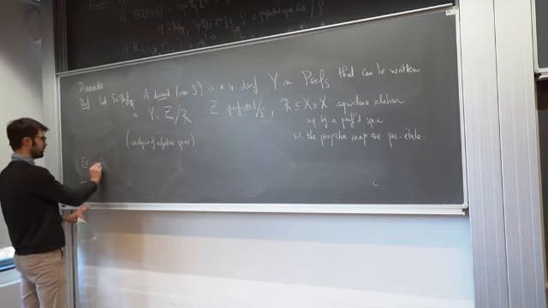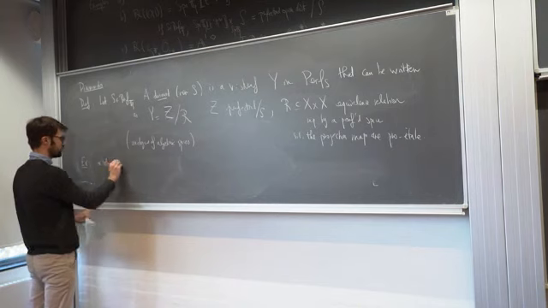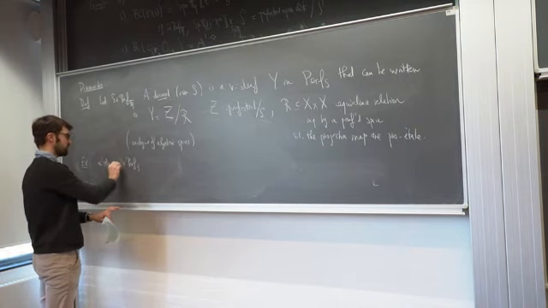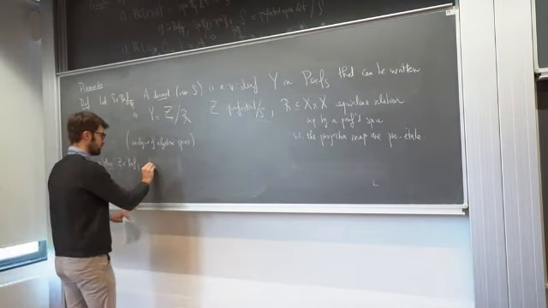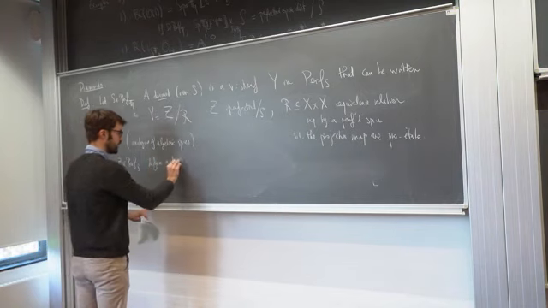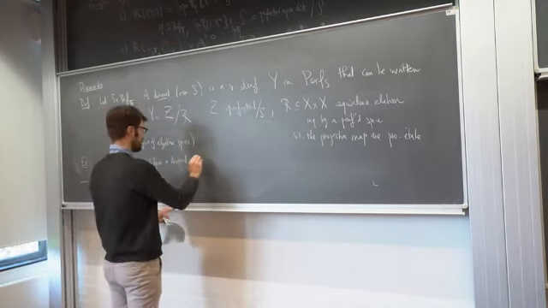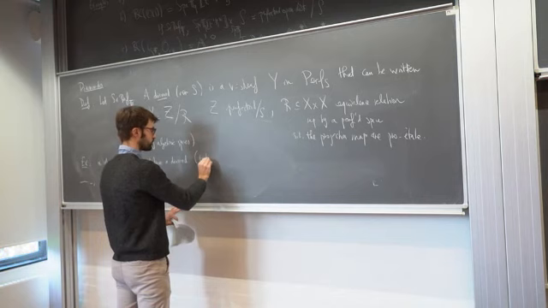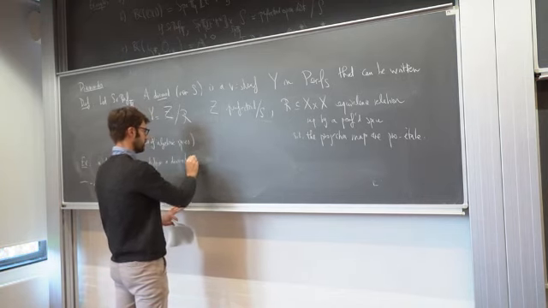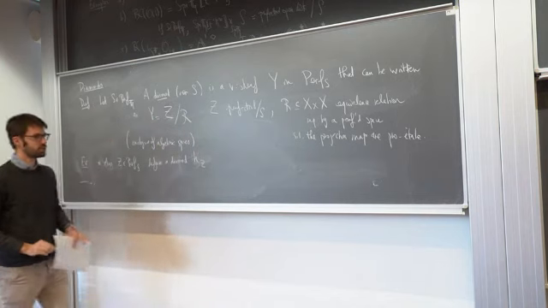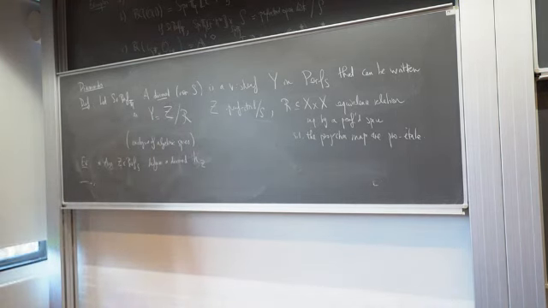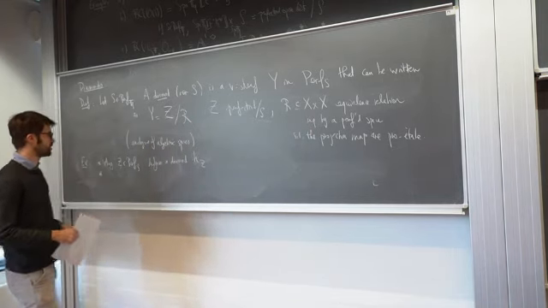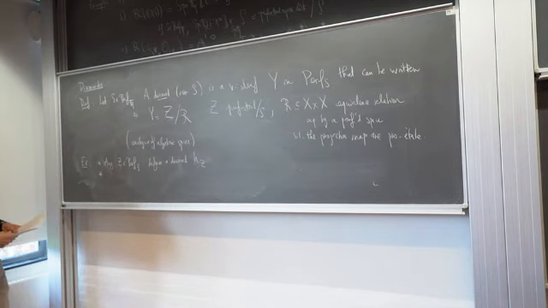So first of all, tautologically, any perfectoid space Z over S defines a diamond over S simply by taking h_Z, the sheaf represented by Z. And the X is Z, right?